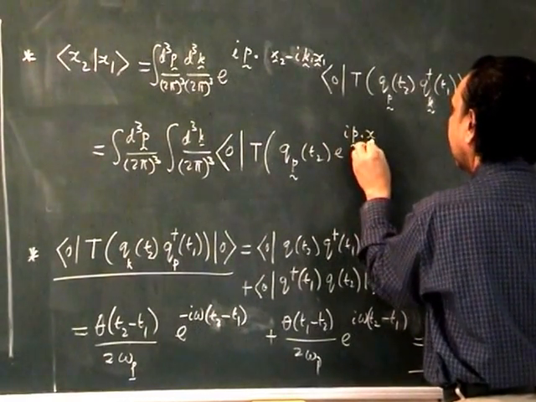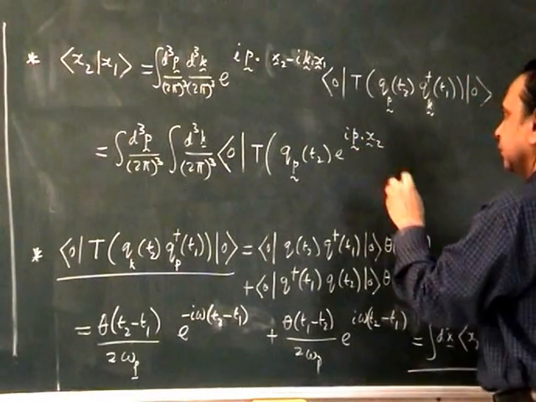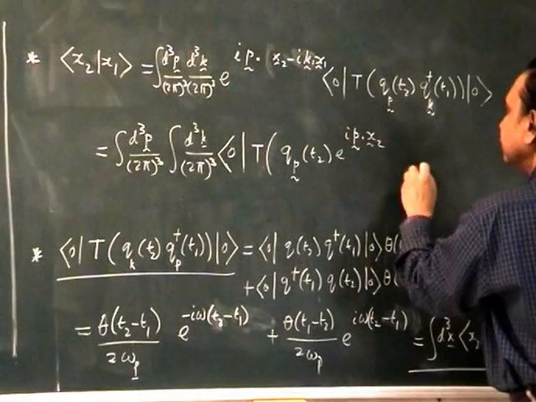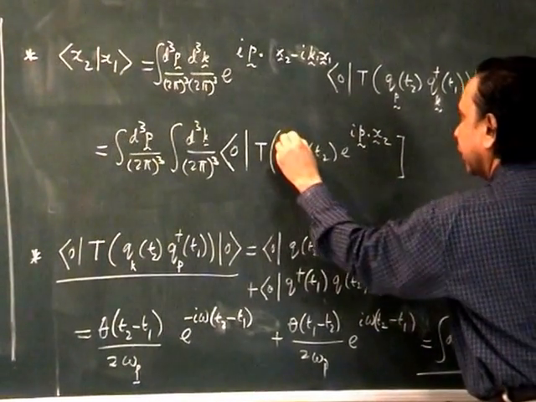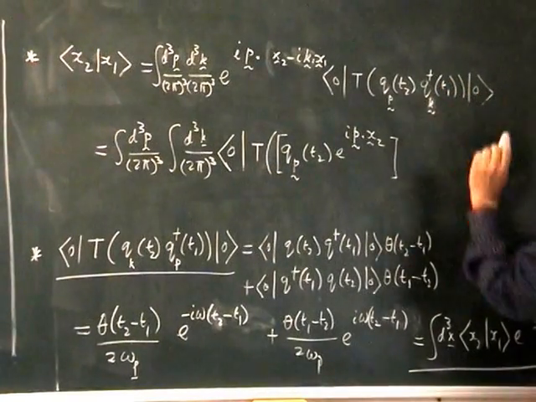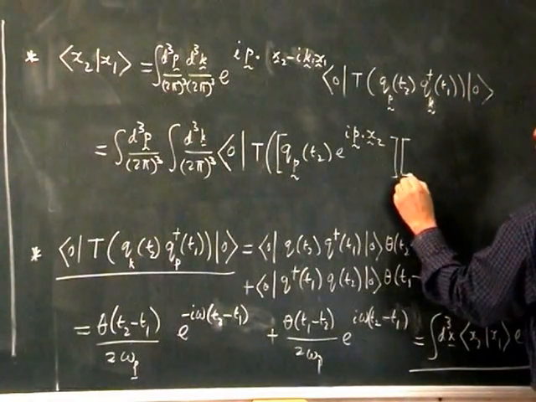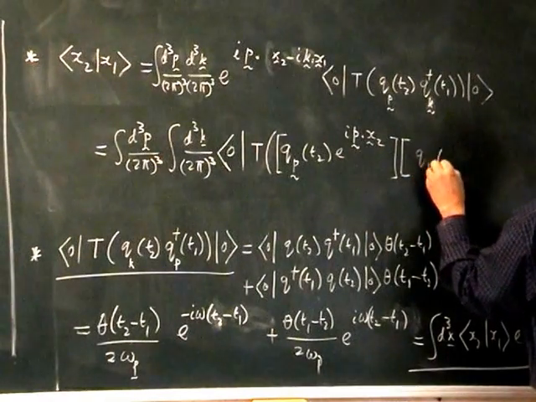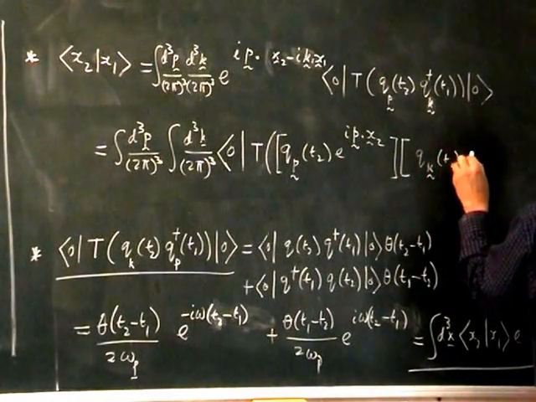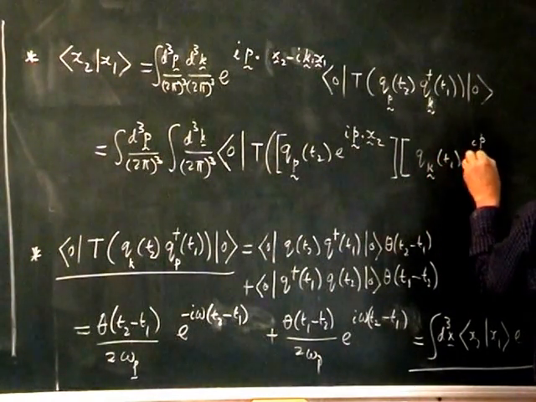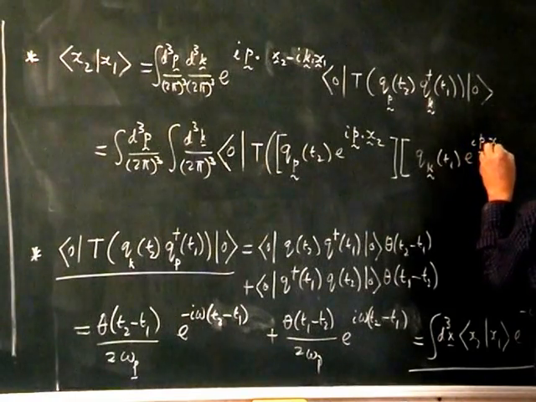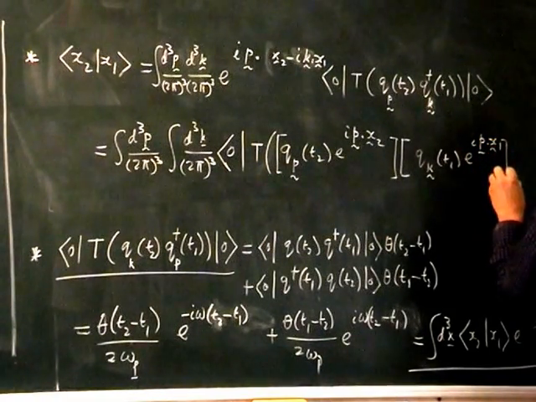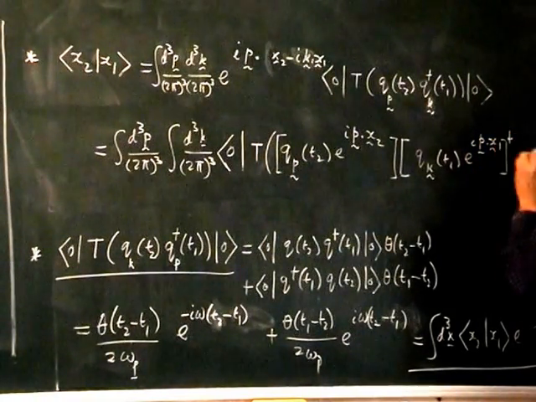dot x2. This is the first operator. Let me put it in square brackets. Then I have another one which is qk at t1 e to the ik dot x1 with a dagger on it.